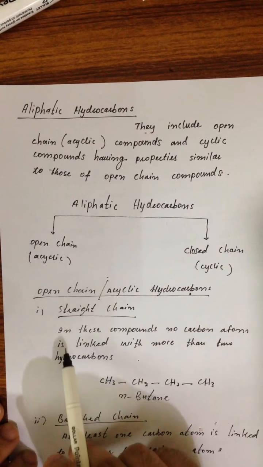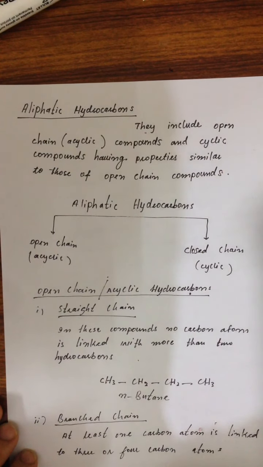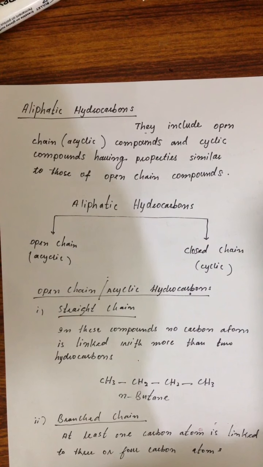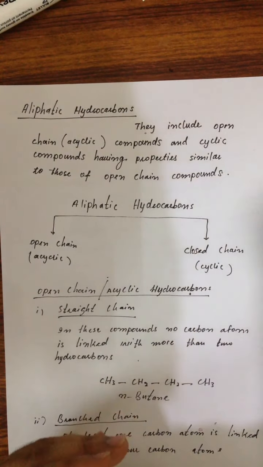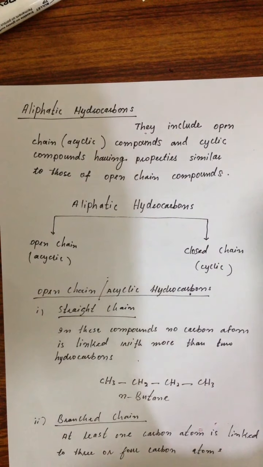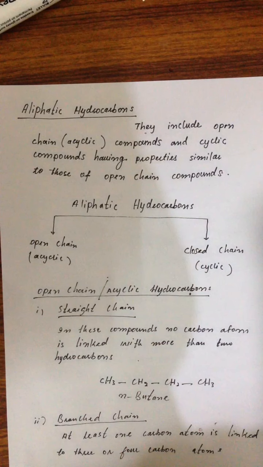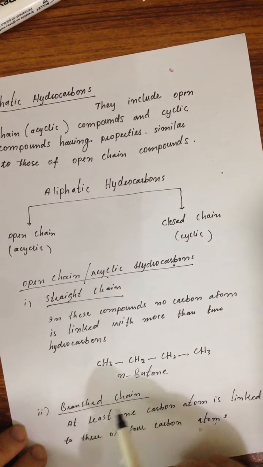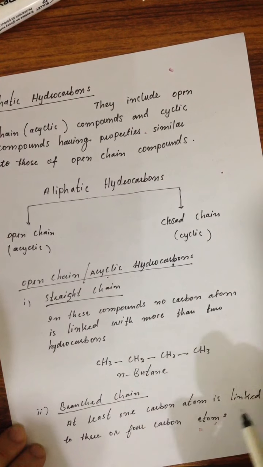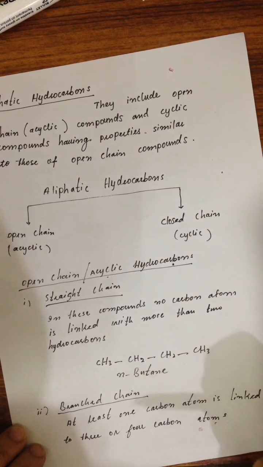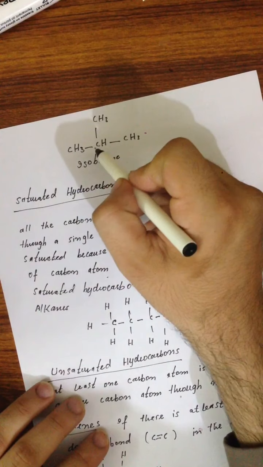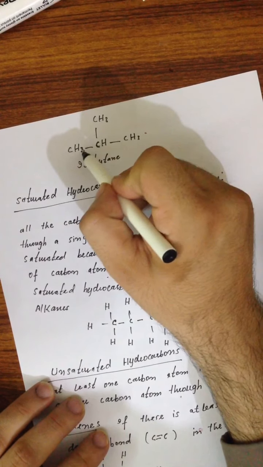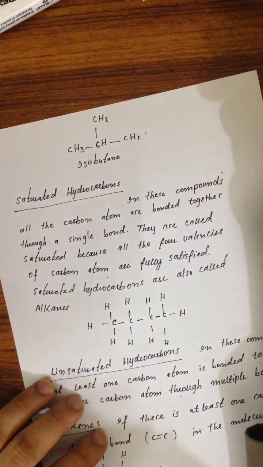In straight chain compounds, no carbon atom is linked with more than two carbon atoms. Each carbon atom is linked with two other carbon atoms. There can be no carbon atom which is linked to more than two carbon atoms. In branch chain, at least one carbon atom is linked to 3 or 4 carbon atoms. In this case, you can see this carbon atom is linked to 1, 2, and 3 other carbon atoms.